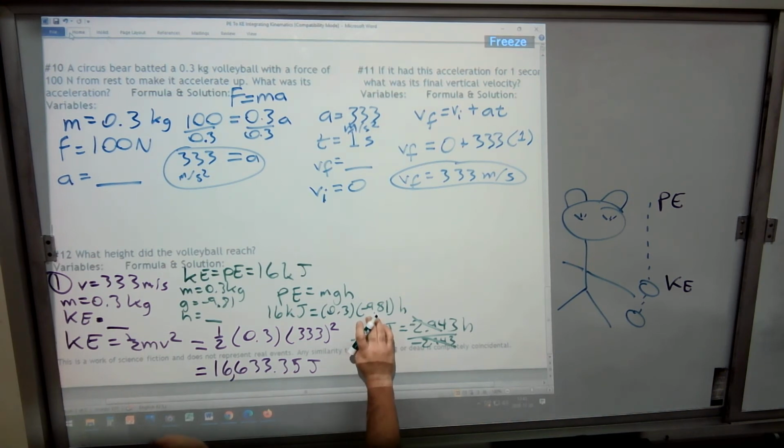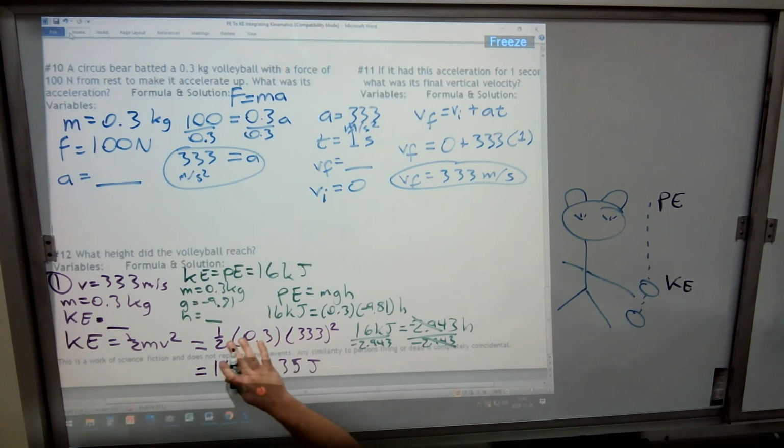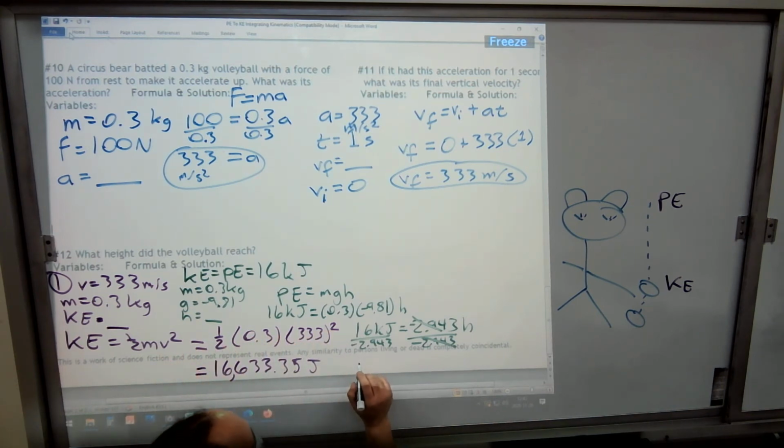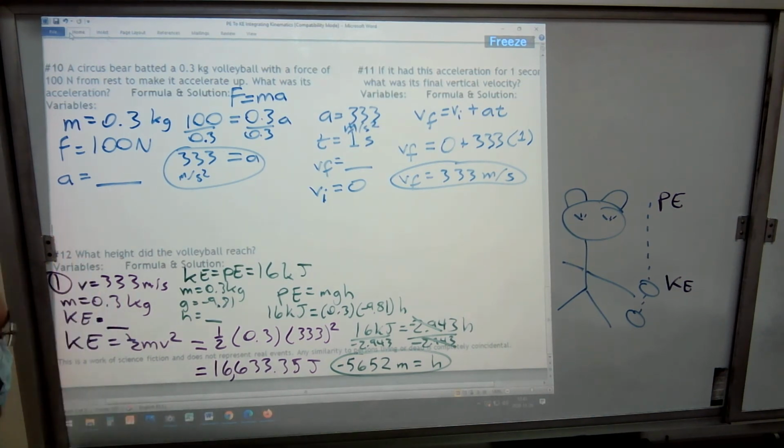This will work. But that's just a lot of energy that bear gave that ball. The bear gave the ball so much energy it went 5,000. I actually got 5,651 point something, but I rounded it. So that's my height, and that's negative. But we're saying how high it went, so it really doesn't matter if you say negative or positive. That's the way I'd like you to do it.